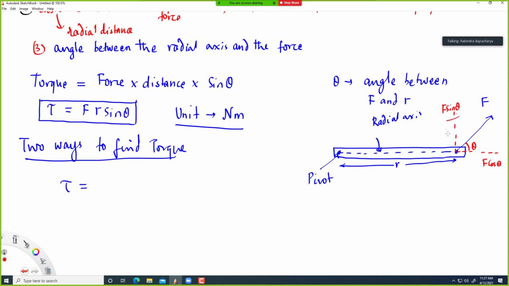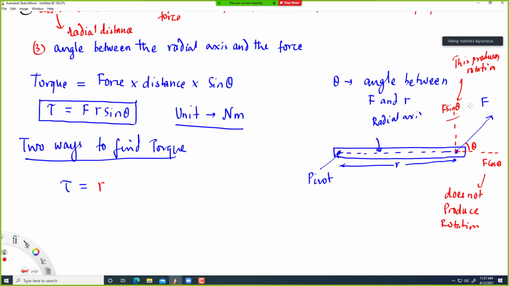So this one does not produce rotation. This one produces rotation. Okay. So then torque would be given by this radial distance times the component that produces the torque.